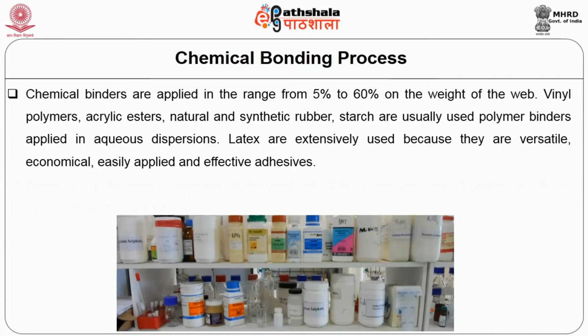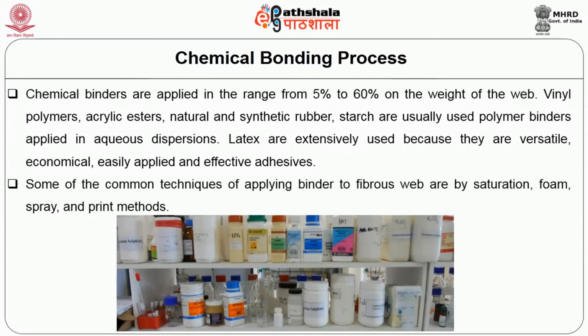Vinyl polymers, acrylic esters, natural and synthetic rubber, and starch are usually used polymer binders applied in aqueous dispersion. Latexes are extensively used because they are versatile, economical, easily applied, and effective adhesives.